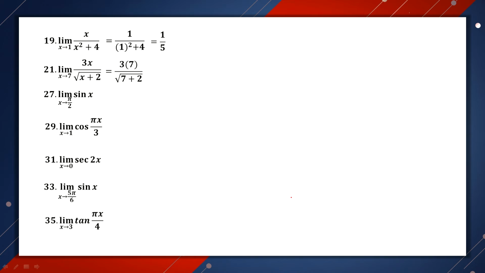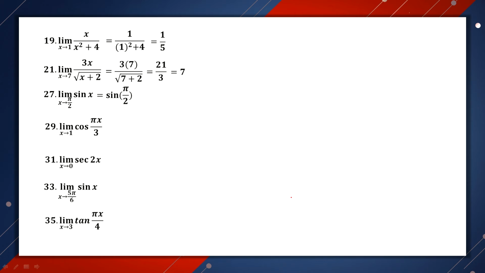The second question, we put 7 into the function, so we get 3 multiplied by 7 over the root of 7 plus 2, and we get 9 under the root, so 21 over the root of 9, and we get 21 over 3, which is 7.